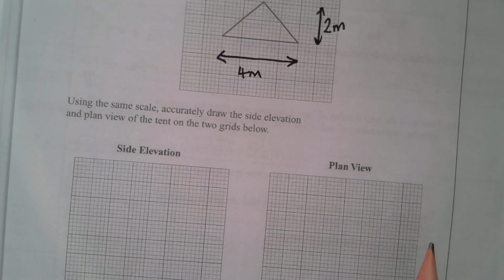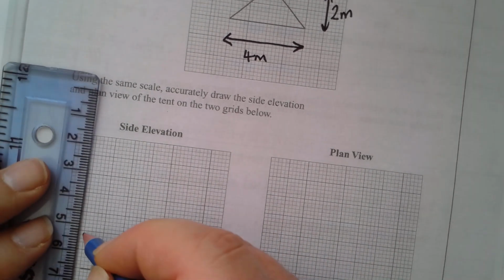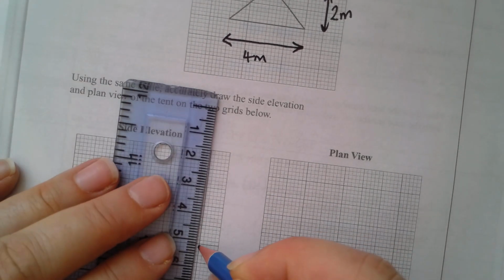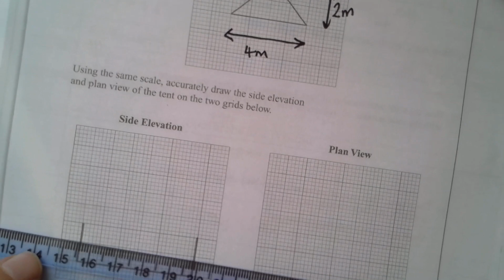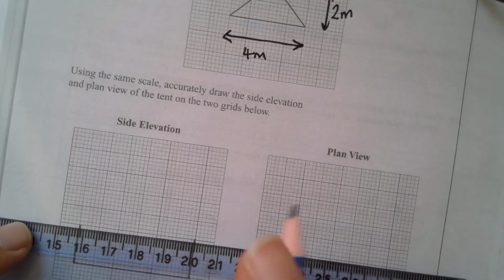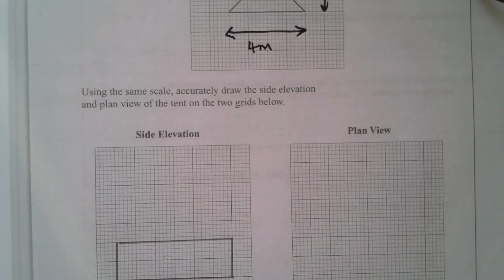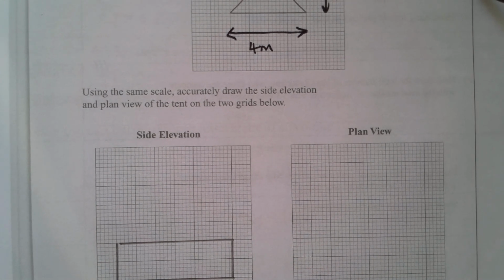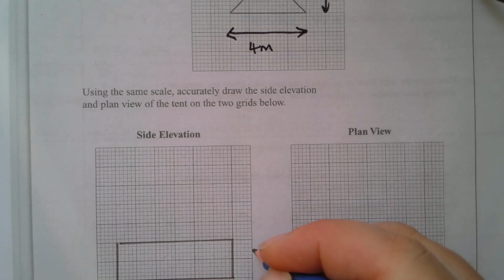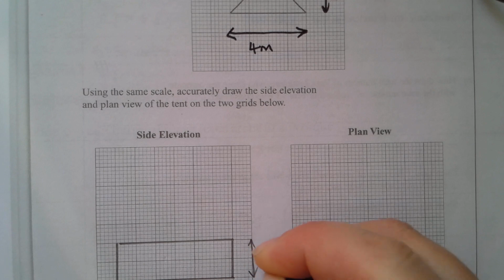Each big square is 1 meter, so I can do 6 meters across and 2 meters up. Don't guess the height, make sure you take it off the diagram. And just to make sure I definitely get full marks, I'm going to write 6 meters here.